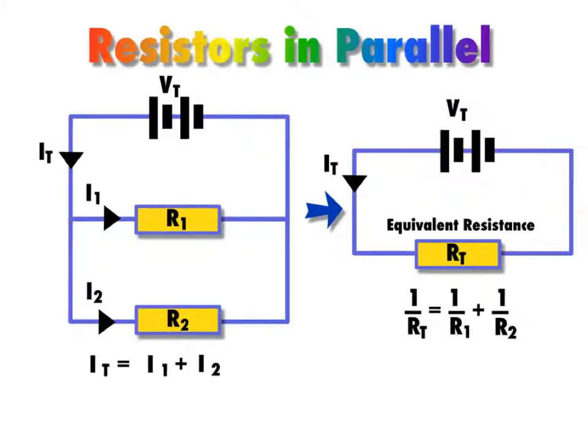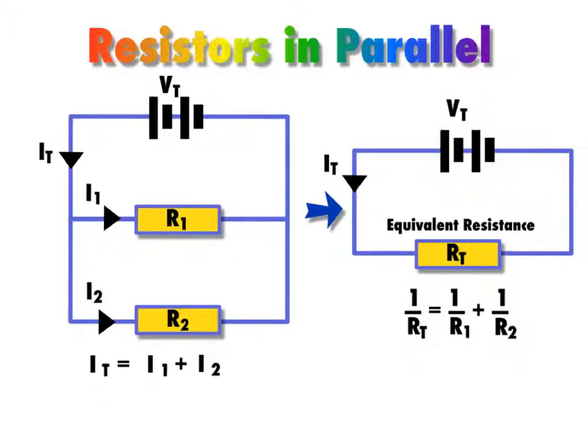When we deal with resistors in parallel, we have a similar situation going on. We are still trying to turn a circuit with two resistances into an equivalent circuit with a combined equivalent resistance that we call RT. Now we have a different equation for this because it behaves differently.